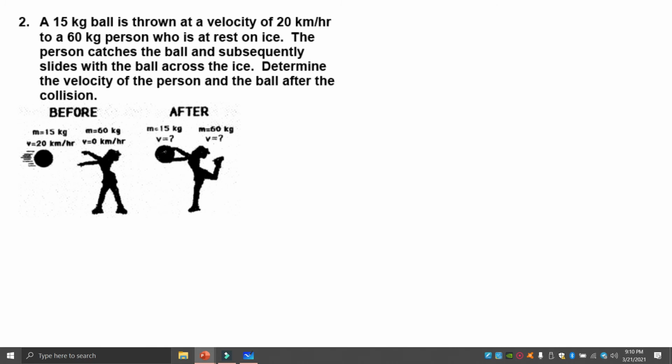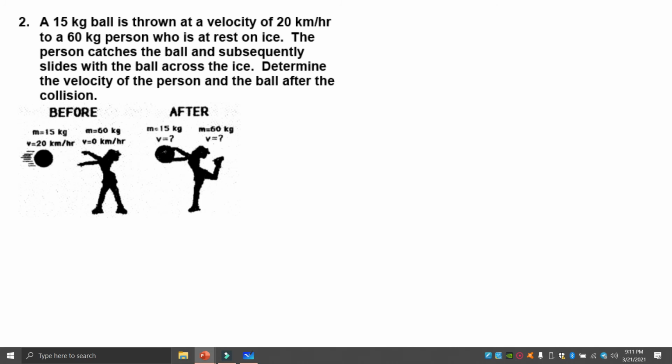So the ball is 15 kg, thrown at a velocity of 20 kilometer per hour to a 60 kg person who is at rest on ice.